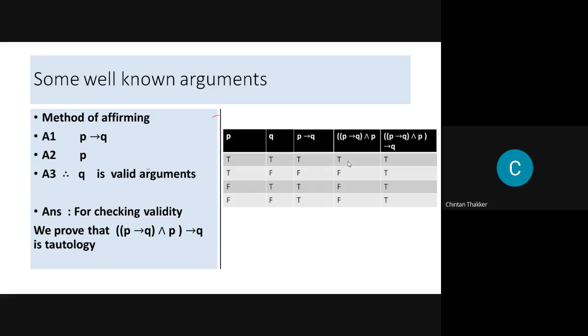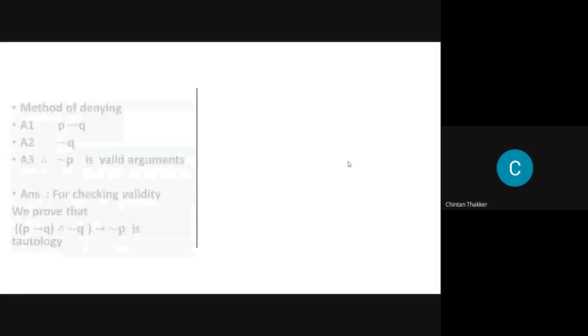Now the remaining three in our first statement are false, so there is no need to check Q. You can write true directly. So this is a tautology, and the given argument is a valid argument. This way we prove whether the argument is valid or not.